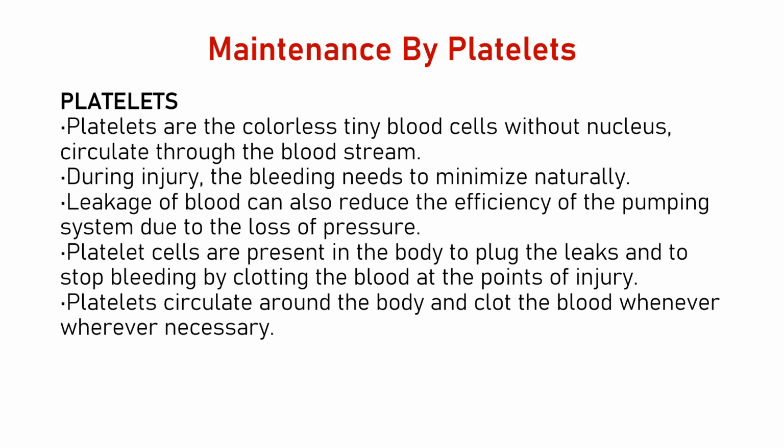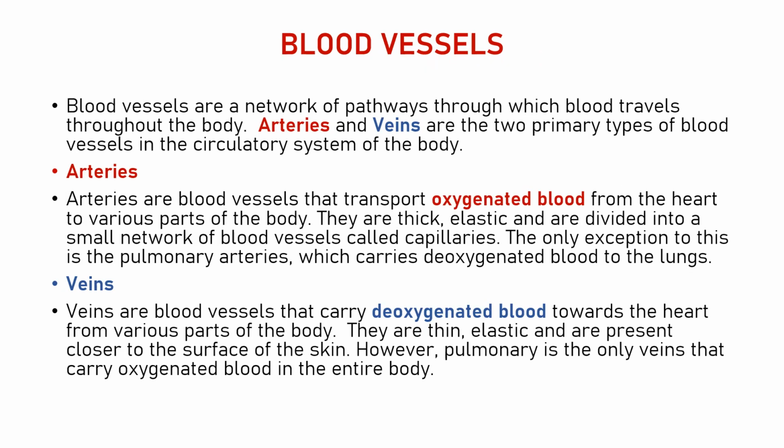Here I want to tell you one thing: calcium ions are very important for the clotting of blood. Okay, it plays a very important role. Okay, now let's have a look at blood vessels. We mainly have three types of blood vessels. Arteries, I've written arteries in red just to make you understand that in arteries oxygenated blood flows, right?